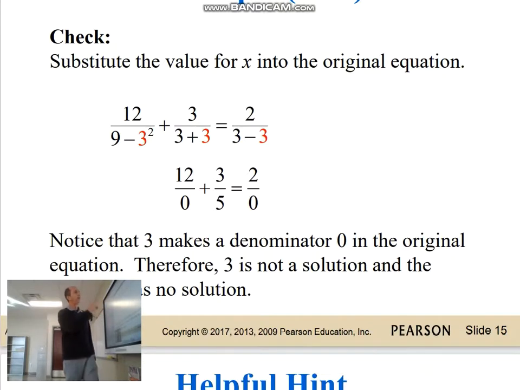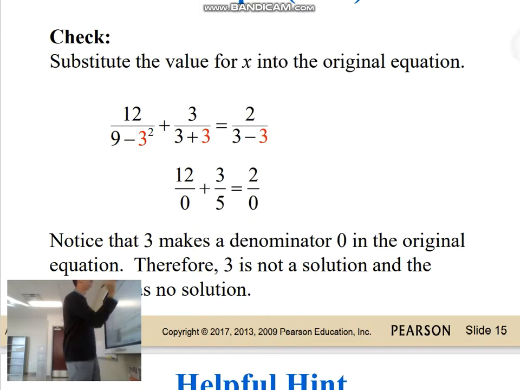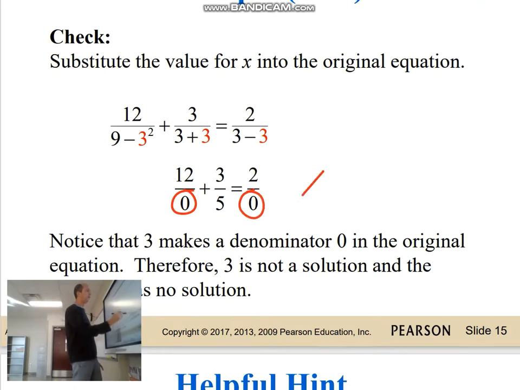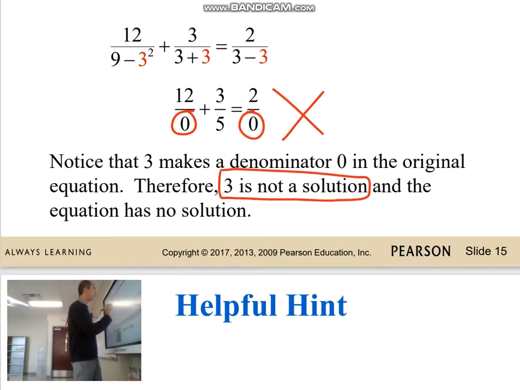Substitute the value 3 into the original equation and check if it produces a true statement. But have a look at that. When you substitute 3 into the original equation, you're going to have 0 as denominator. That means no, this is not allowed. 3 is not a solution, and the equation has no solution. This equation has no solution.